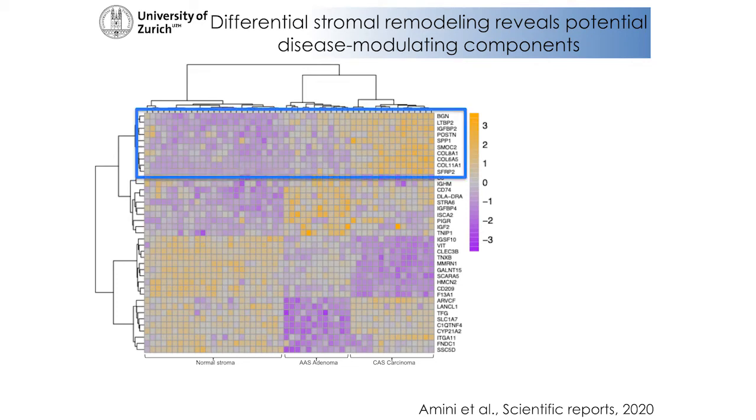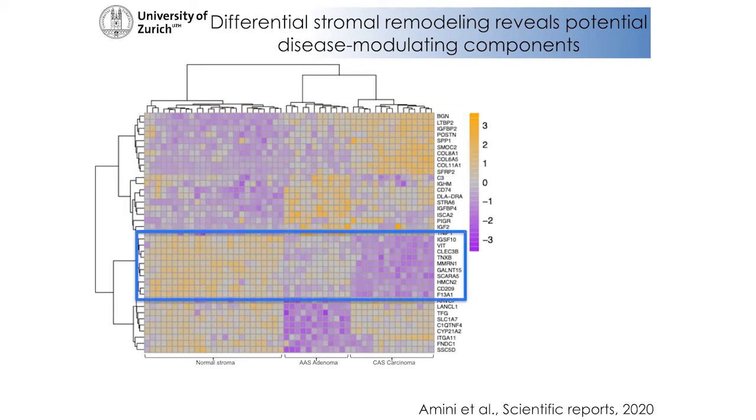For instance, these are the genes that are highly similarly expressed in normal stroma and stroma from the benign tumors, the adenomas, but they're highly upregulated in the stroma from carcinoma. These are the genes which are specifically downregulated only in the stroma from carcinoma.